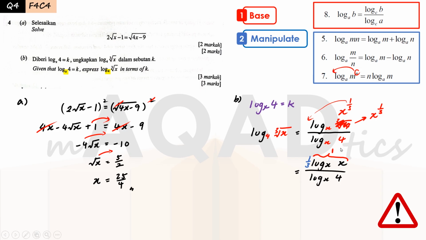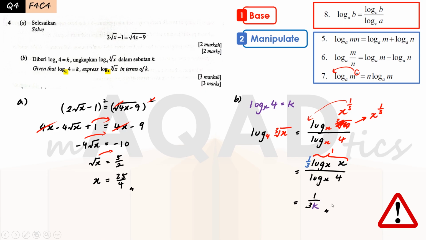And the denominator, I don't change anything first, because as you can see, the denominator has the same expression as the given log here, right? Because this one is log base x of 4, which equals k, so this part I will change to k, as you can see here. And this 1 over 3 will be divided by k, so I just pull the 3 down. Right? And this will be your final answer.